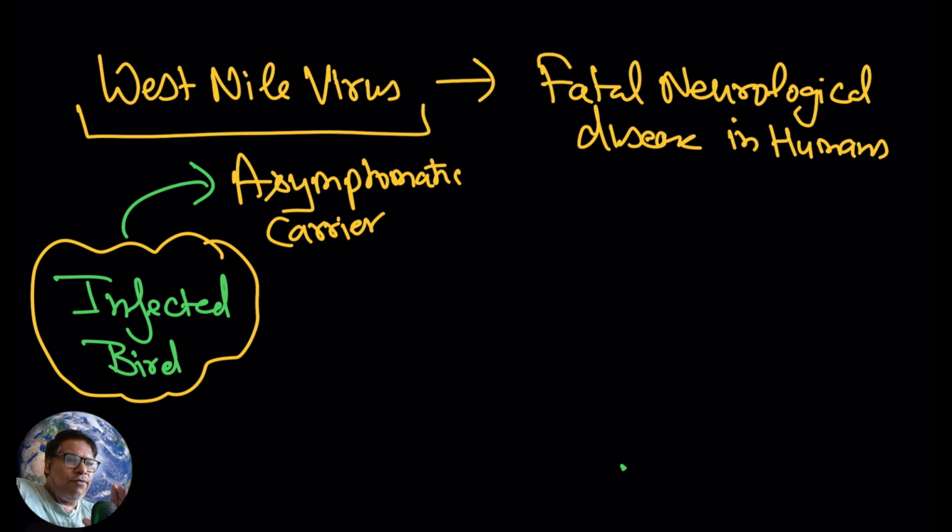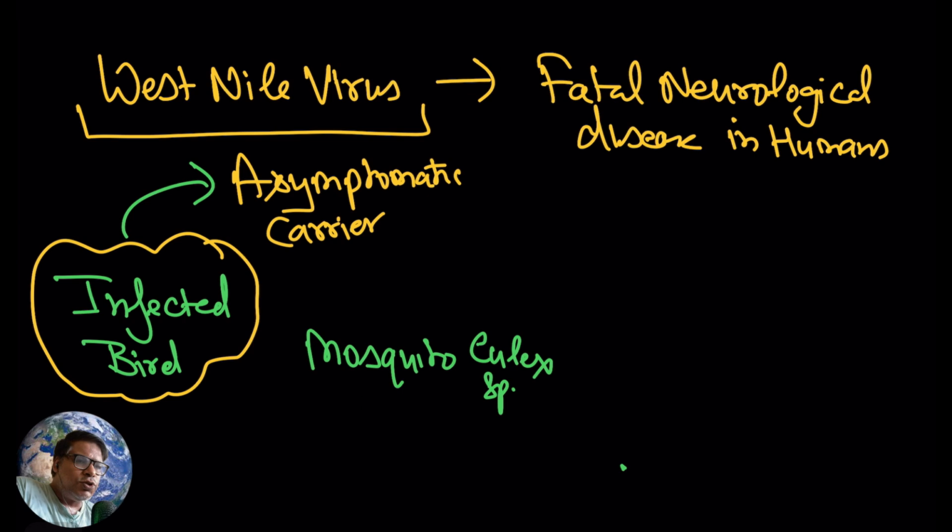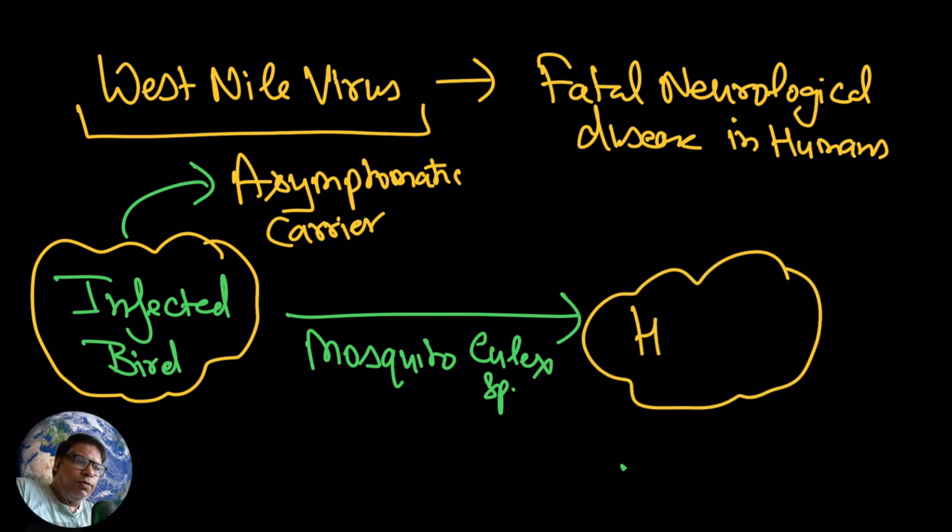So here the infected birds are asymptomatic carriers of the virus, but through mosquito bite, the Culex mosquito can pass this virus to human beings.